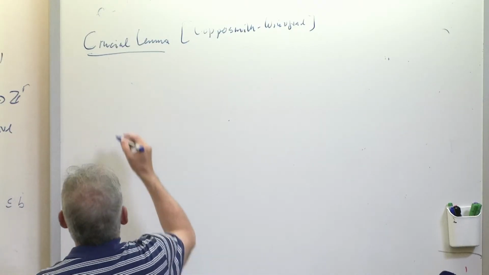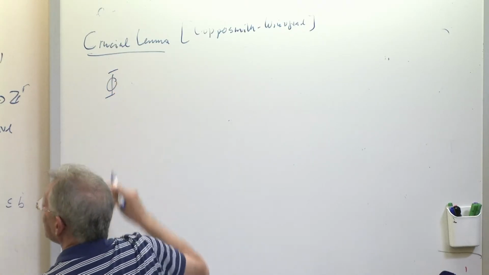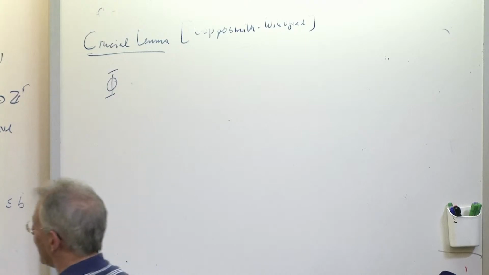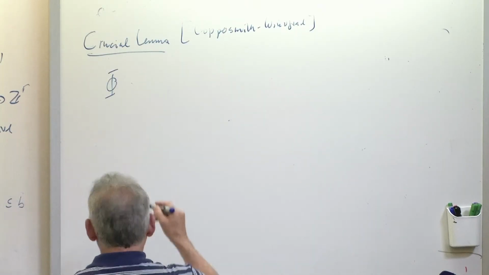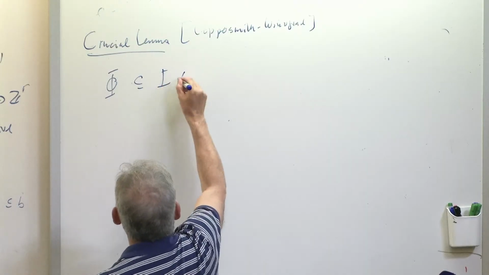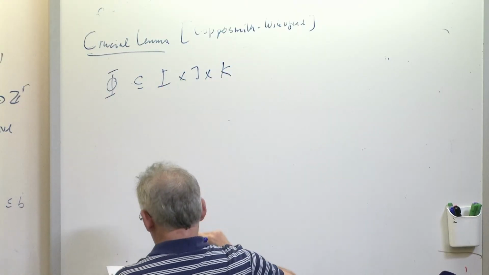So what is it? It says if I have a tight set, then I get large diagonals by combinatorial degenerations. But let me write it formally. I have my phi here, which is B tight.